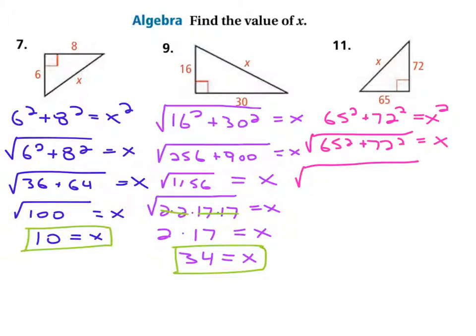So what is 65 squared? 4,225. 72 squared? 5,184. And the square root of those numbers, when you add them together, is going to be x. So we add that with that. We get 9,409, and x is the square root of that.